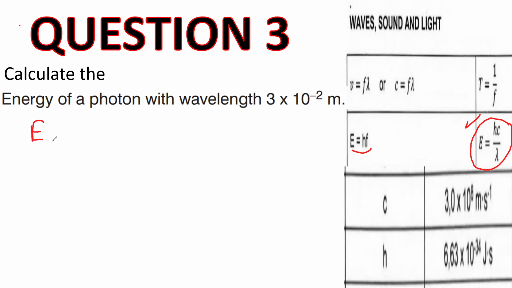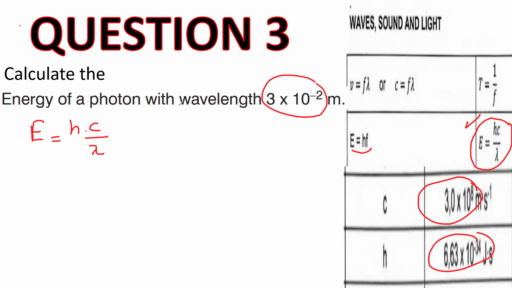So E equals h times c over wavelength. What is h? What is c? We know already: this is c, this is h. They are constant numbers, and the wavelength is given here. Just substitute, write all the numbers in the formula, and then you are done.